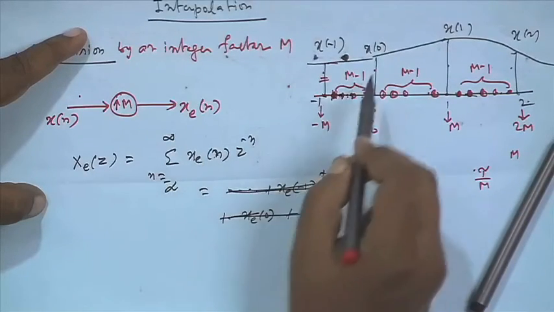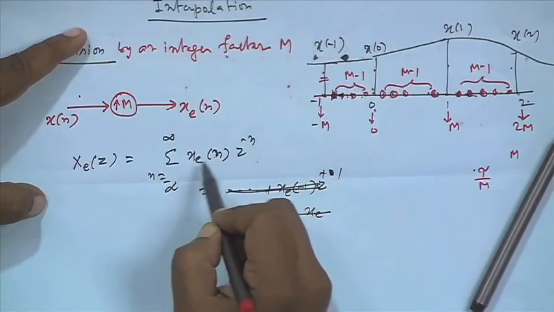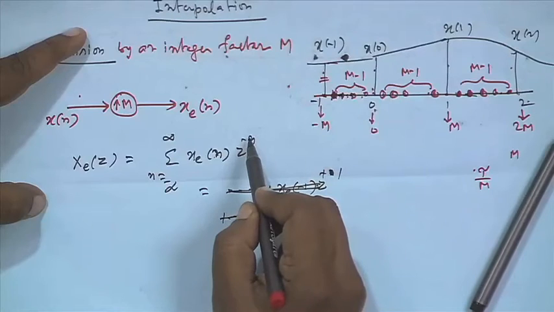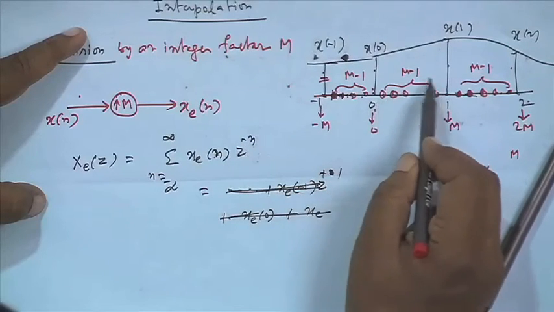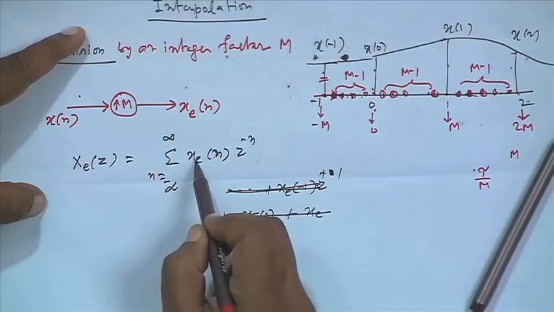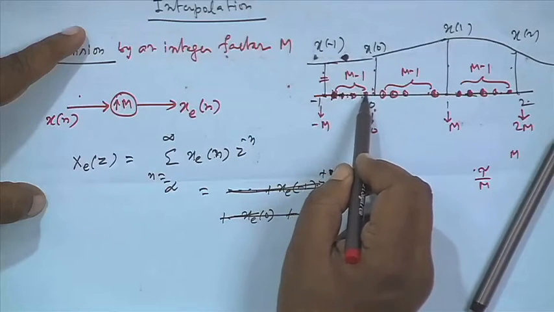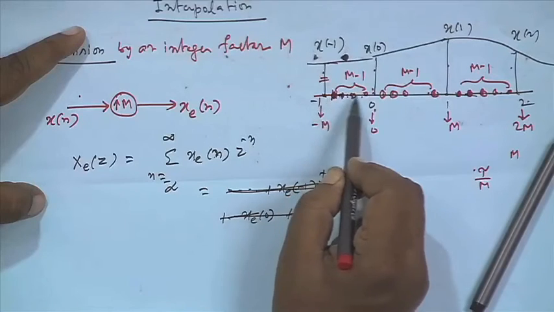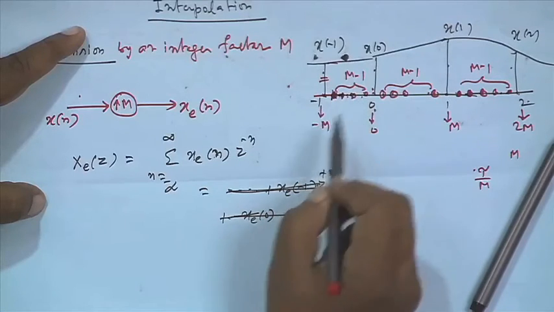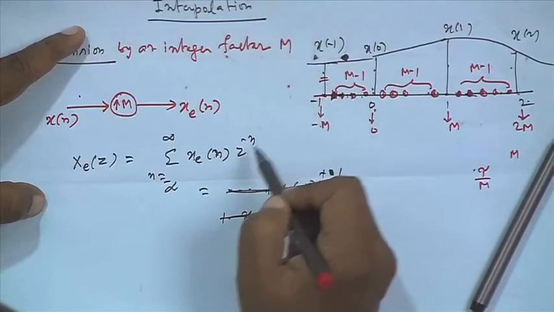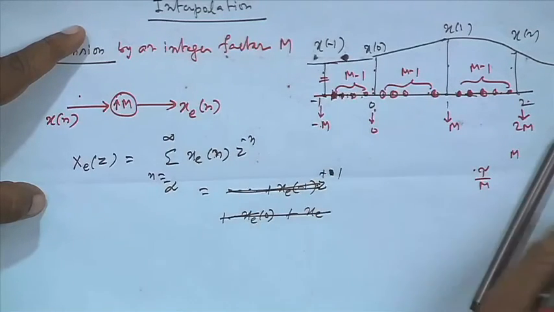Straight I go to x e m, so n equal to m: x e m and z to the power minus m. Then again the next m minus 1 terms I ignore. I go to x e 2m, z to the power minus 2m. On the left hand side, I ignore minus 1, minus 2 up to this, and then straight go to x e minus m, the minus m point, z to the power plus m, and so on.